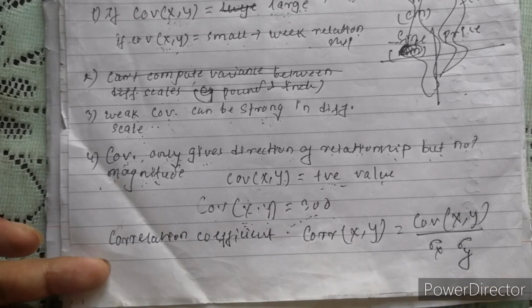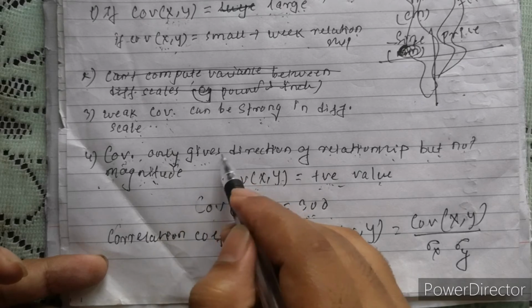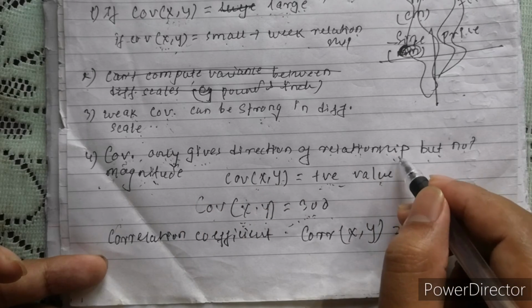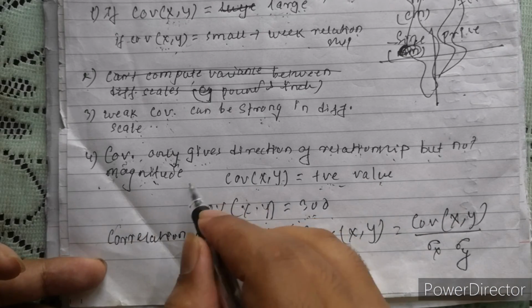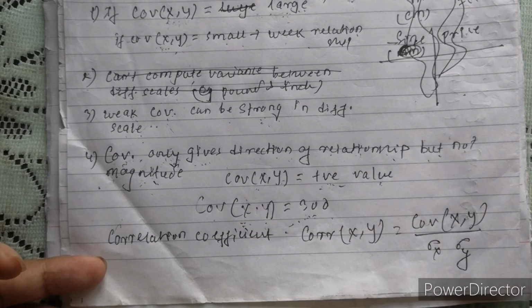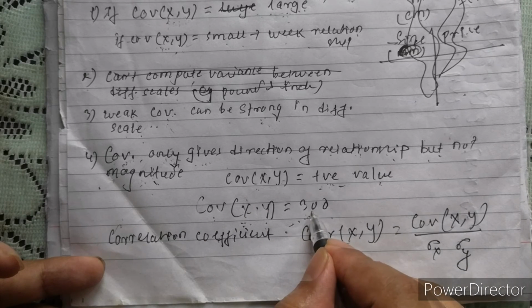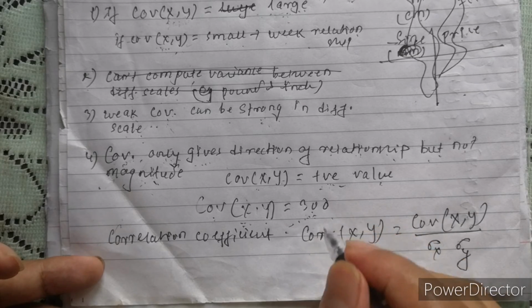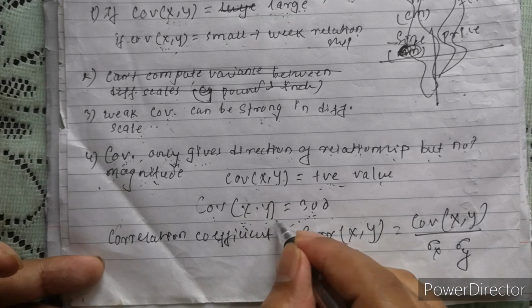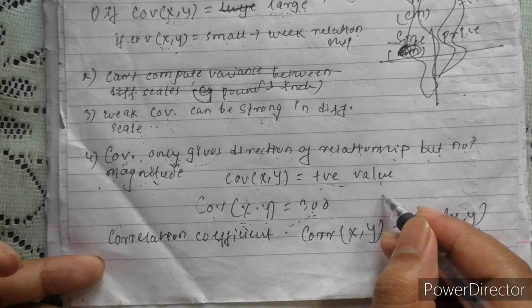So the next thing we need to understand is that covariance only gives the direction of the relationship but not the magnitude. It only tells you whether the variables x and y have a positive relationship or a negative relationship. For example, here the covariance between x and y is 300. 300 is a positive value, so we can say that x and y have a positive relationship with each other.